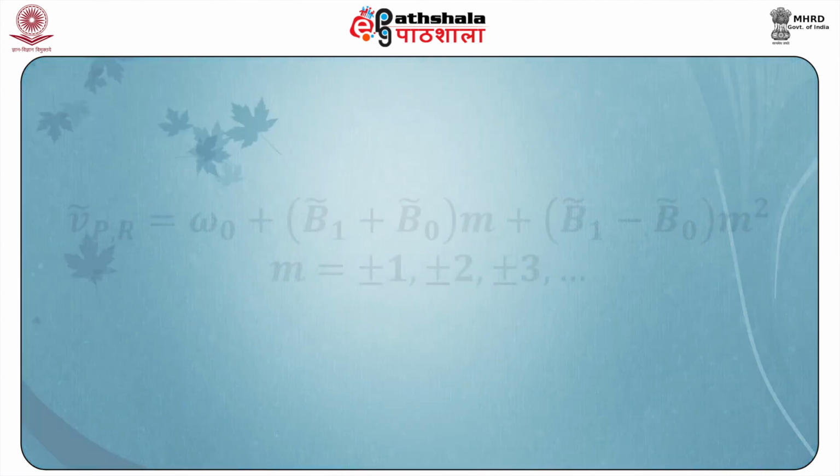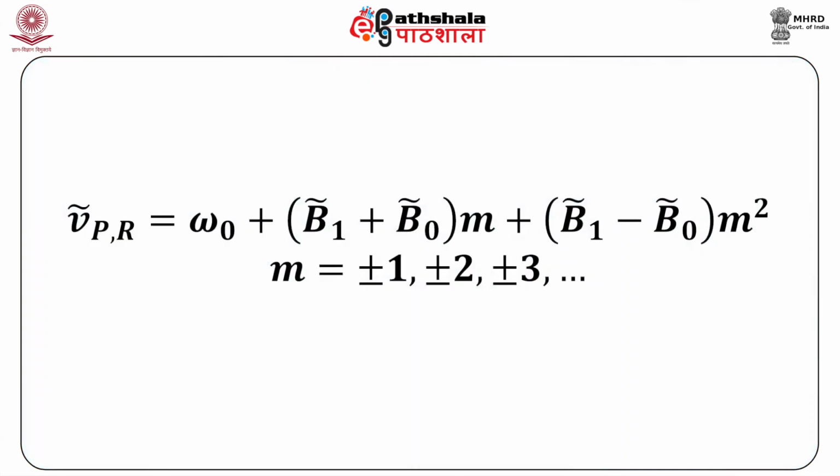So, the positive M values refer to the R branch, and the negative ones refer to the P branch.